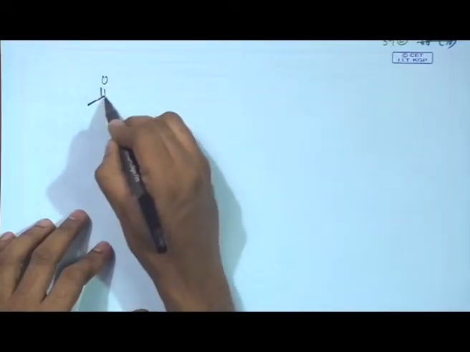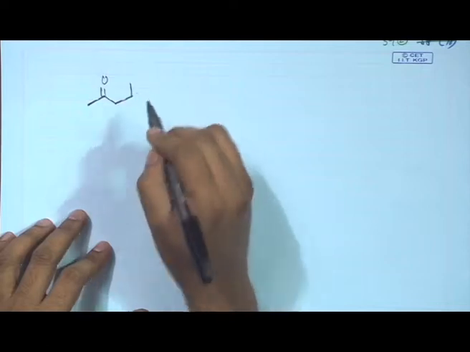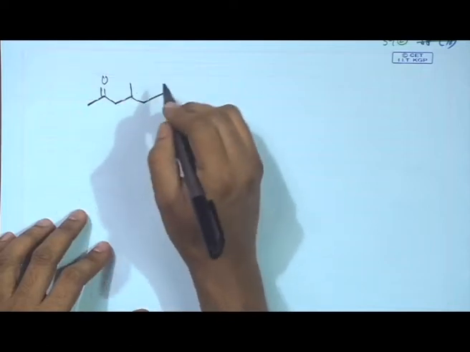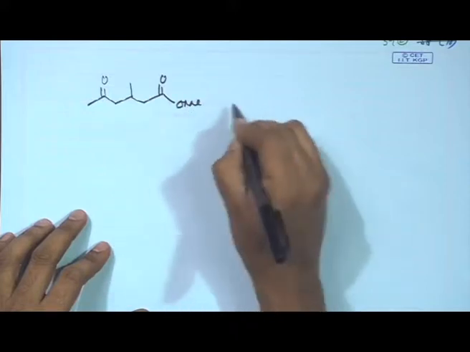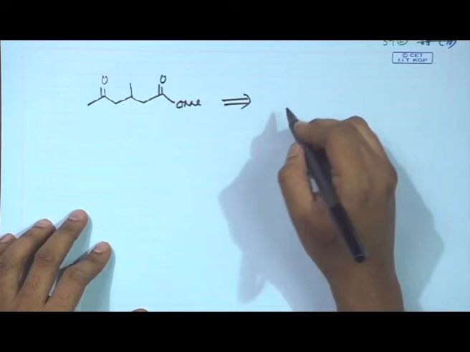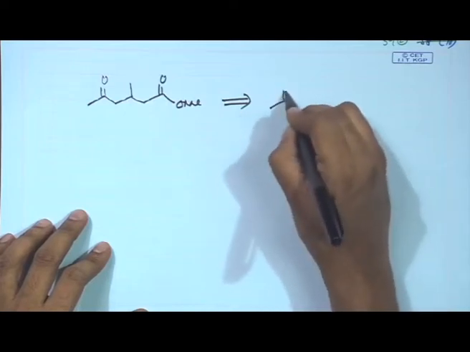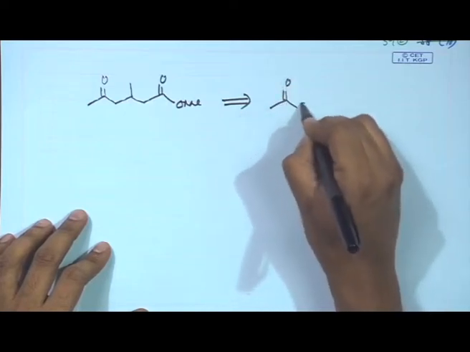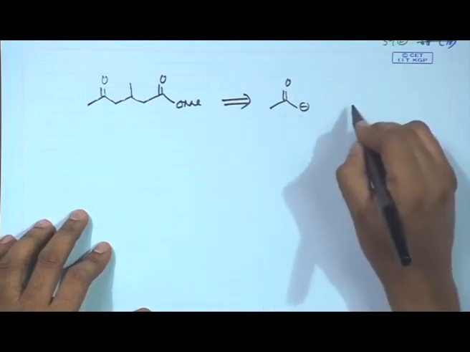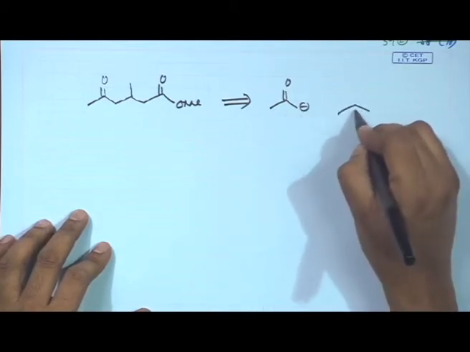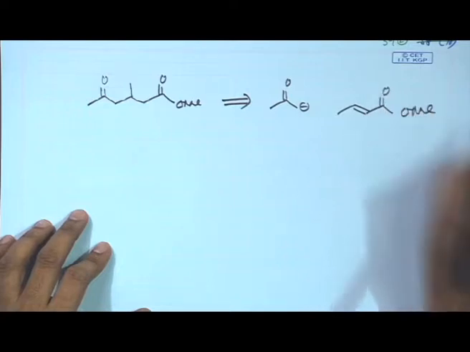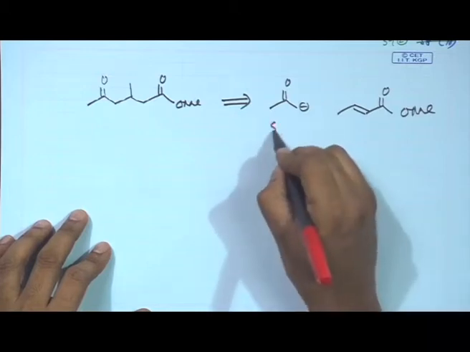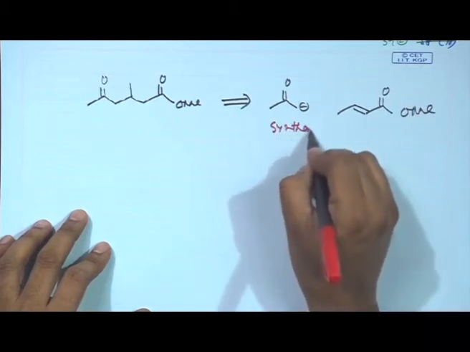The classic example of a synthetic equivalent disconnection, or the synthon concept in retrosynthetic analysis, is visible from this example, where you have this particular anion and this particular acceptor. I am saying this one is synthon 1.